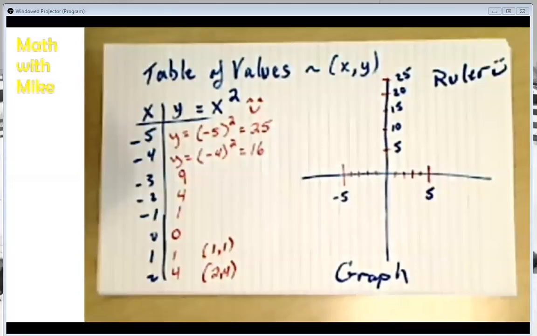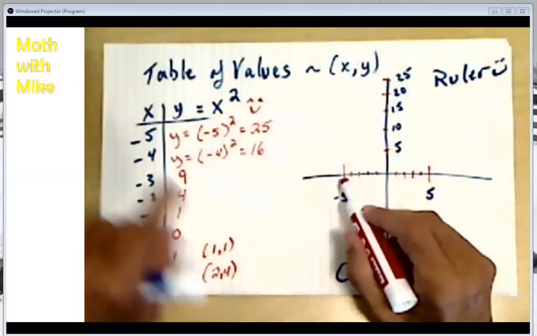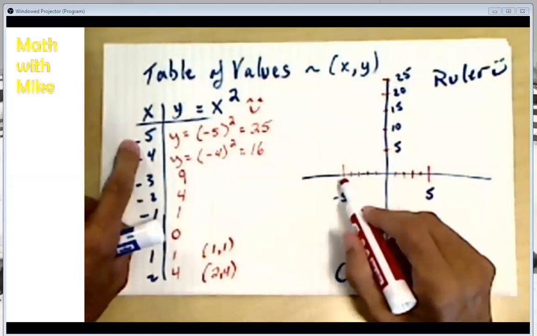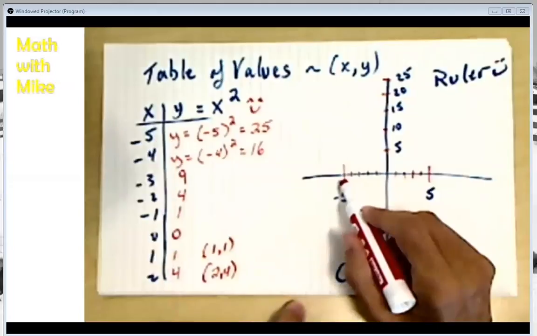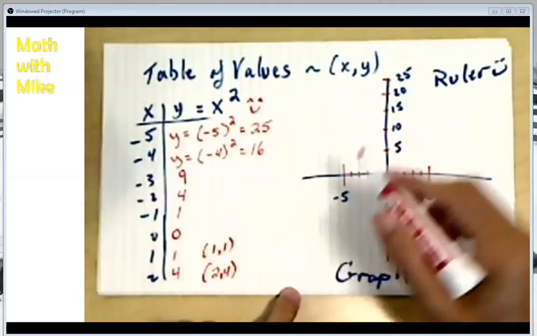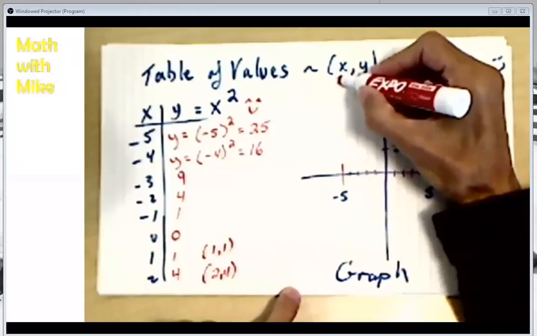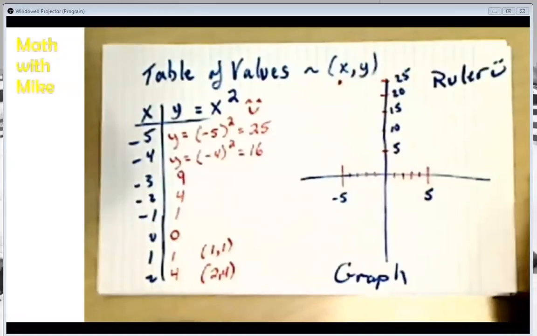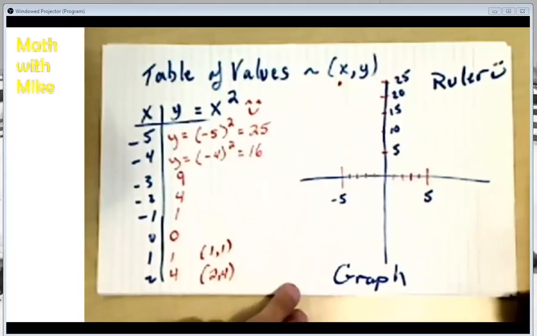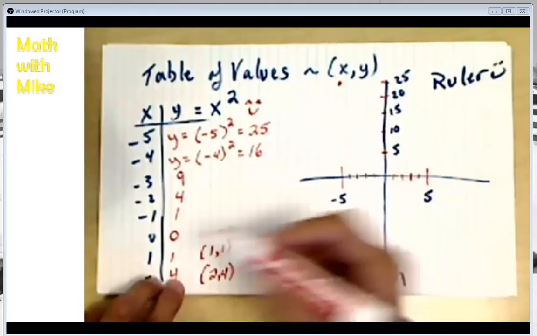Okay, so when x is minus 5, we see it has a y value of plus 25. So that's going to be minus 5 here, plus 25 is going to be way up there now. Okay, that takes care of our first point.